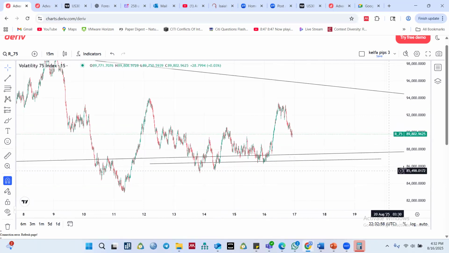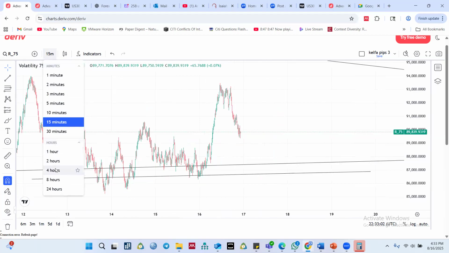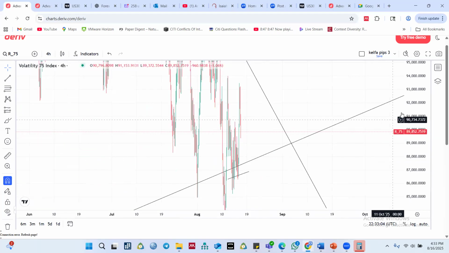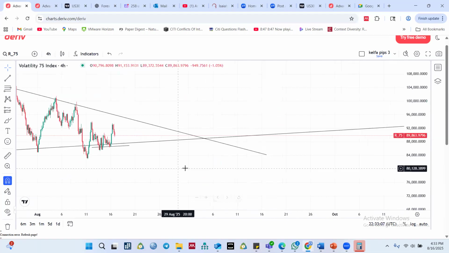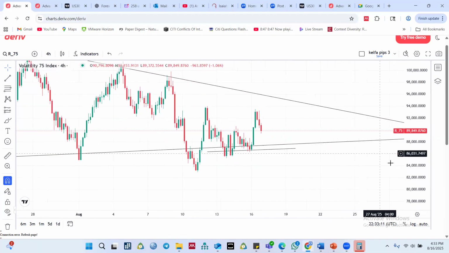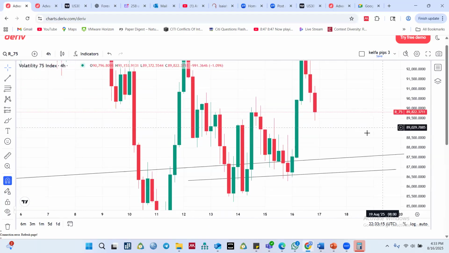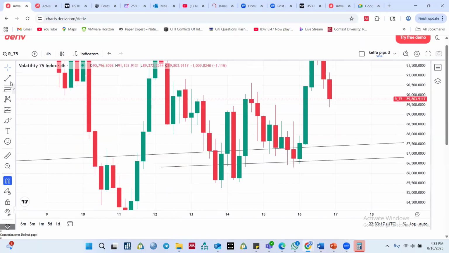Okay, so we had this. Let me go to 4 hour. So we had this imbalance here. We had this fair value gap here, here, and then here.